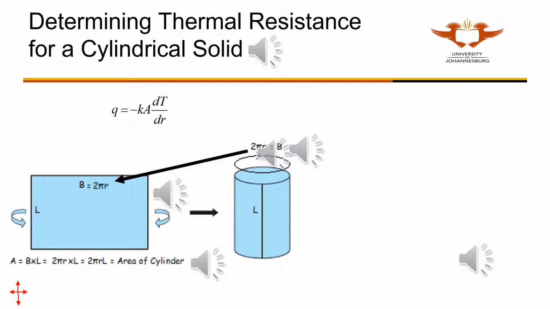A depiction of heat flow in a cylindrical solid is shown. Heat is generated in the central dark rod-shaped core. The generated heat flows radially outwards, through the cylindrical solid, as shown by the arrows.